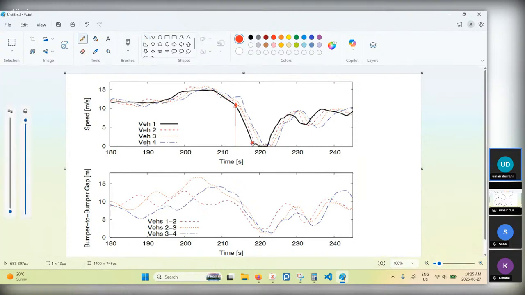So the 215 seems to be somewhere here. This may be 212. And this may be 220, sorry, 217. So this may be 5 seconds.